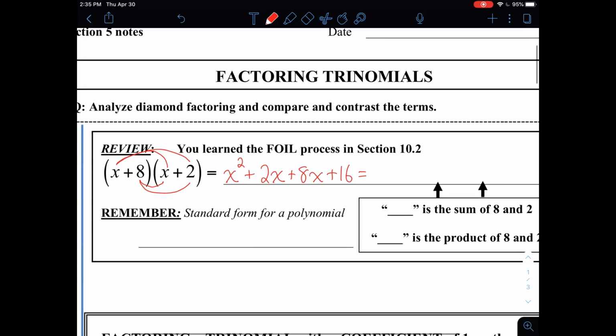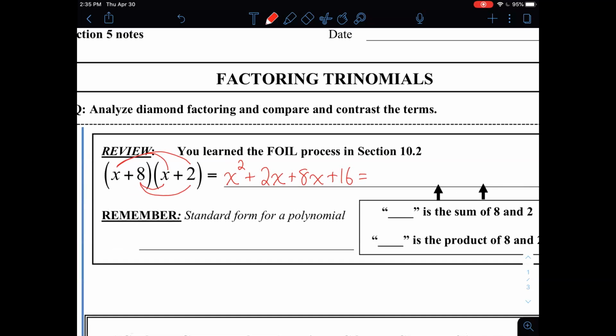Now, after we FOIL, we have to combine like terms. We look for the biggest exponent first. What's the biggest exponent you see here? I see an x squared. Are there any other x squareds? No. Are there any x's? Yep, there's an x here and an x here. Any constants, or numbers by themselves? There are.